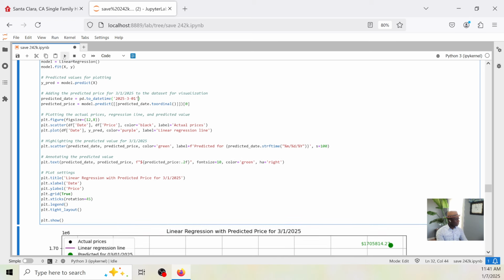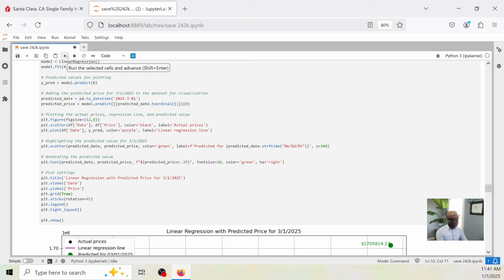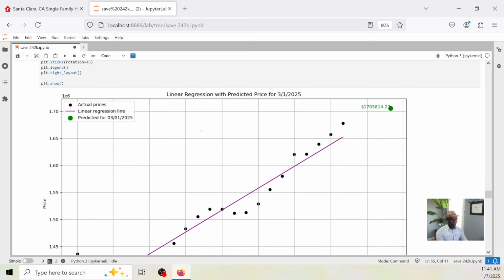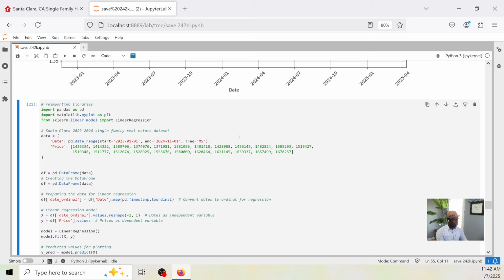So let's go ahead and take a look at that. So the future predicted price for a single family home in Santa Clara is going to be $1.7 million in March of 2025. And I believe the last one is for June 1st.